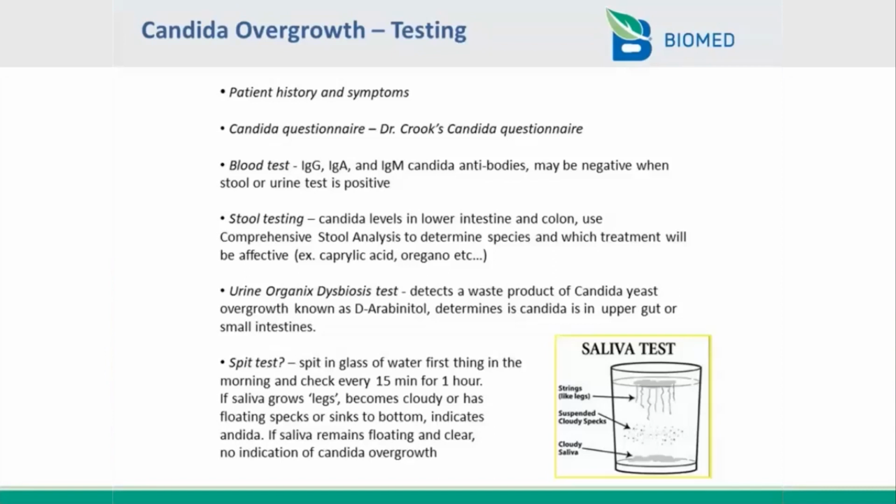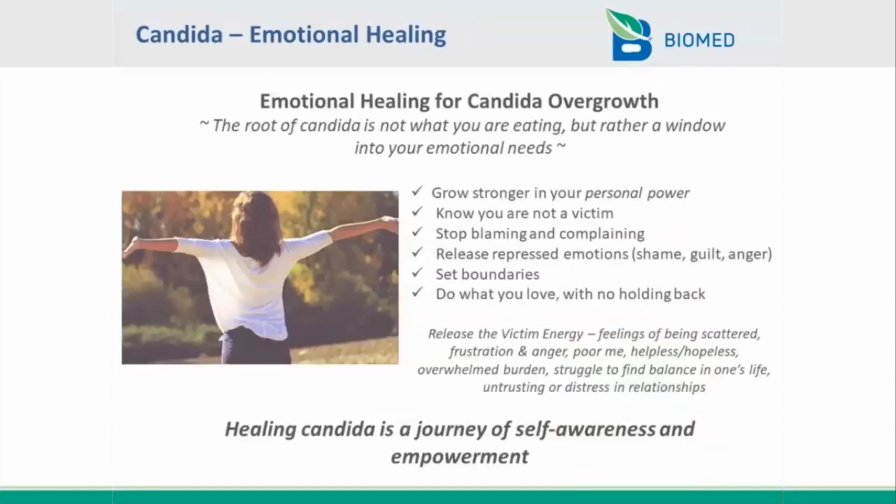All of these things will give you an indicator of potential Candida dysbiosis. And that is an easy one to do at home. I have done it myself just to test it out when we were first doing these presentations, so I won't tell you my results, though.